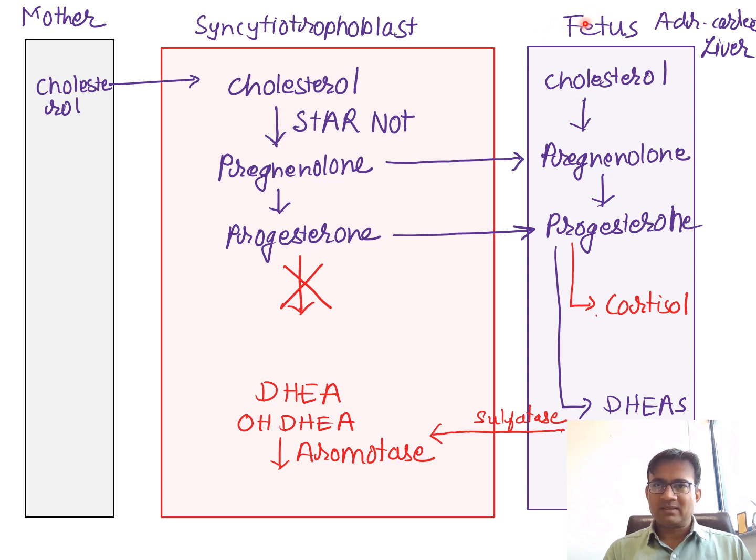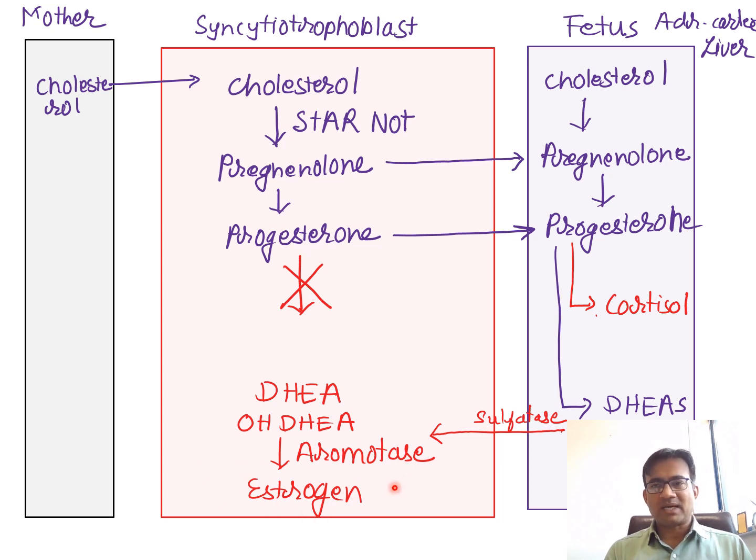I am repeating, aromatase enzyme is absent in the fetus. In the syncytiotrophoblast, aromatase enzyme is there. So from DHEA and hydroxy DHEA, estrogen derivatives will be formed, which are estradiol and estriol.